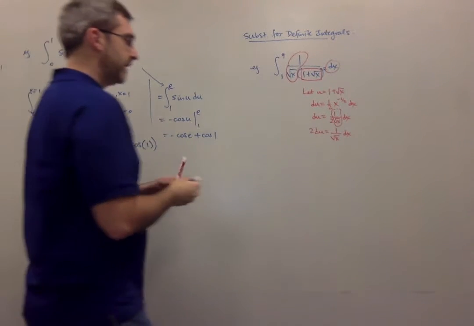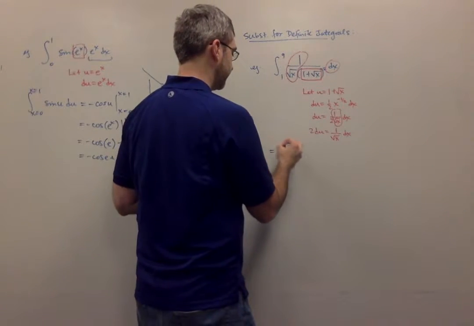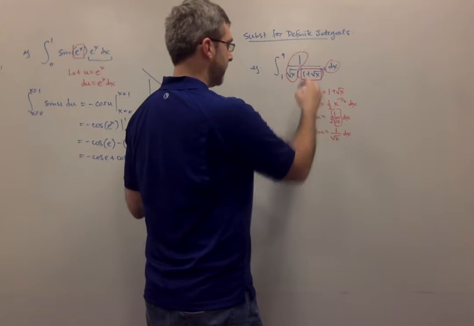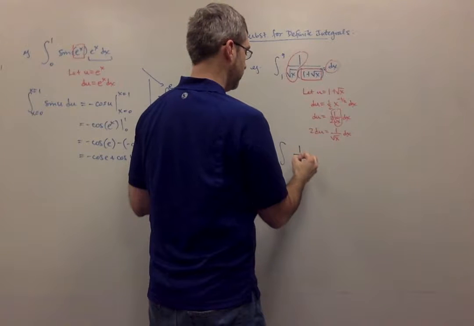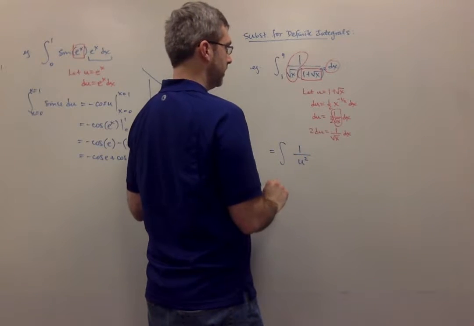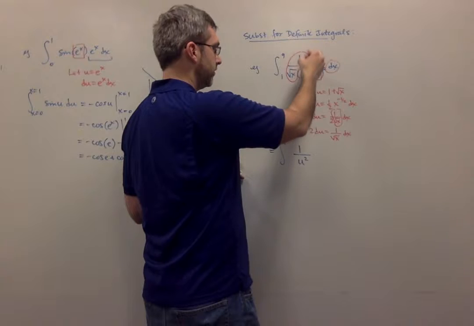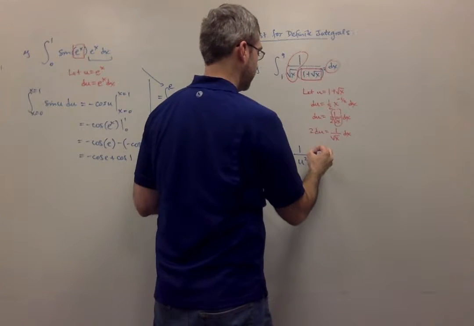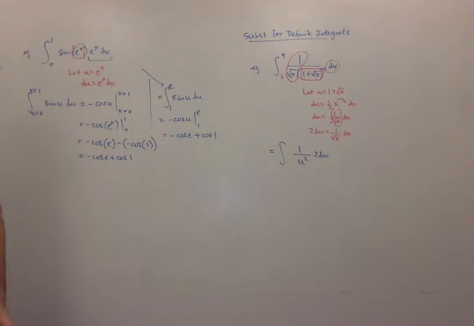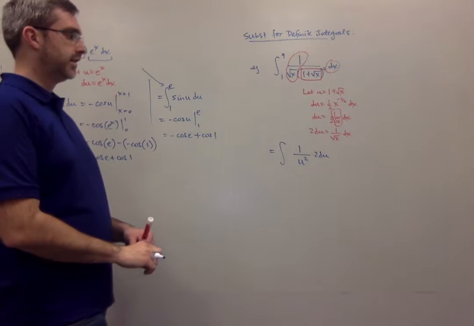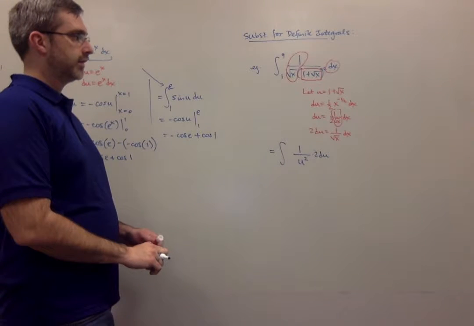So if I do my substitution now, I've got 1 over this thing, u squared, and the 1 over root x times the dx becomes 2 du. Do you see how that came out really nice?